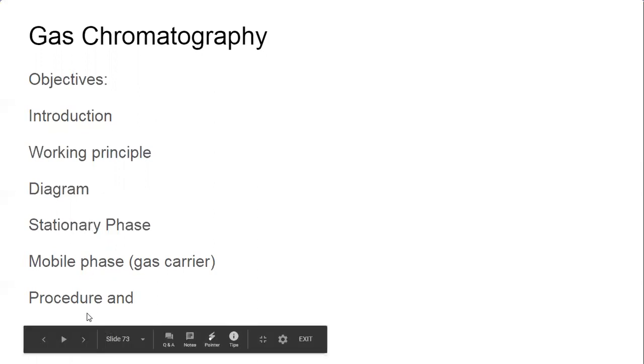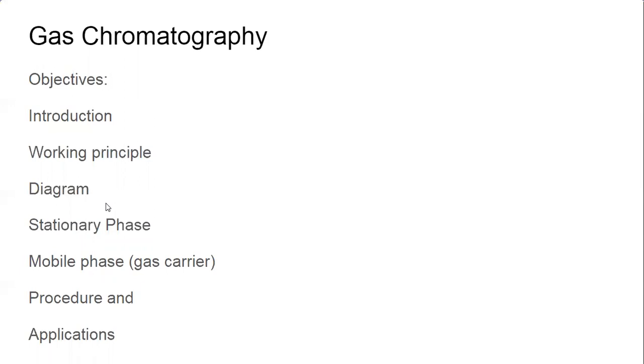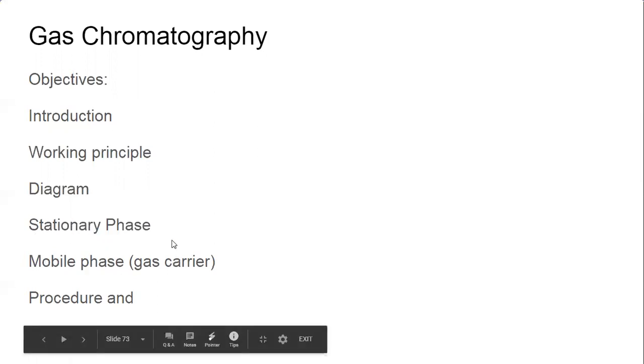So, let's see what we are going to learn in this topic. Objectives: introduction, then a diagram, and then stationary phase, mobile phase, procedure and applications. After the diagram, we are going to learn about the instruments and their functions, and the stationary phase and mobile phase come under instruments and their functions.